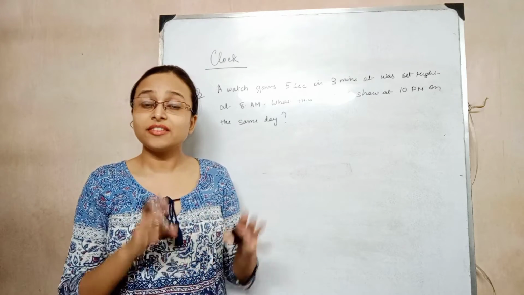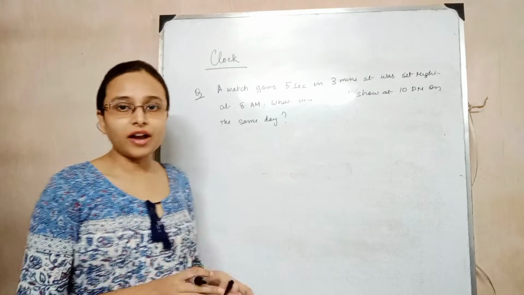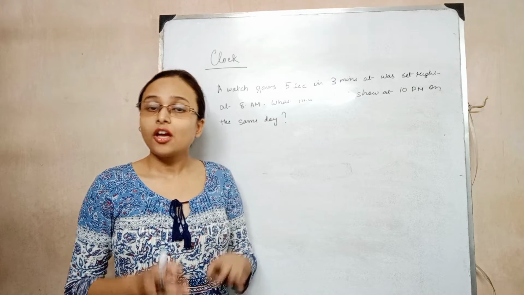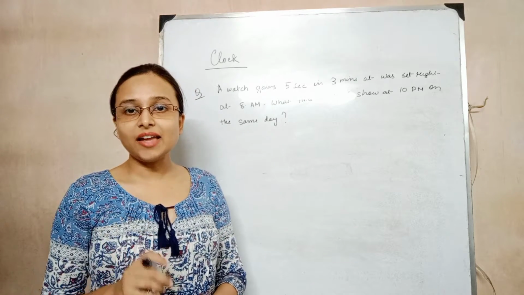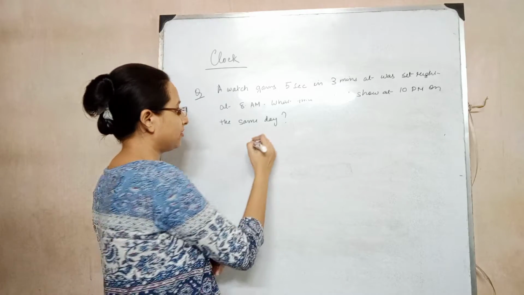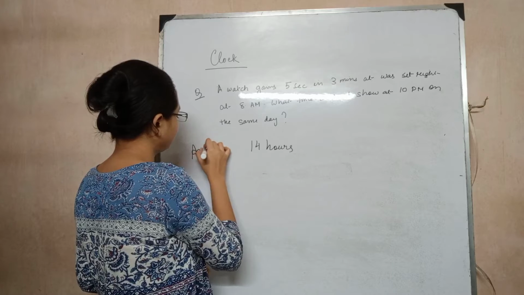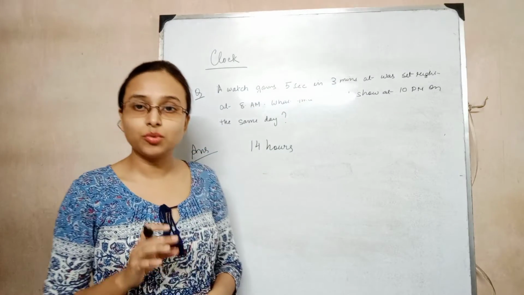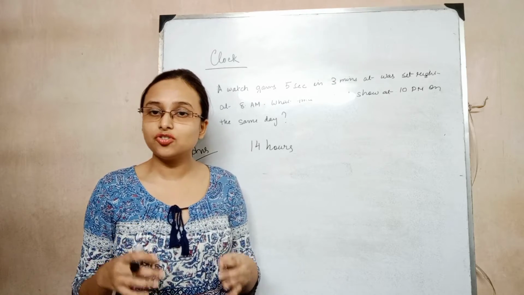The watch gains 5 seconds in 3 minutes. That is known to us. So 100 seconds in 1 hour. From 8 AM to 10 PM on the same day, the time passed is 14 hours. Right? Now the previous calculation is already shown before.